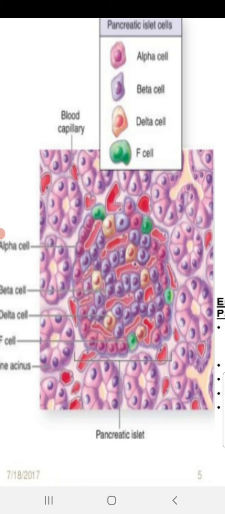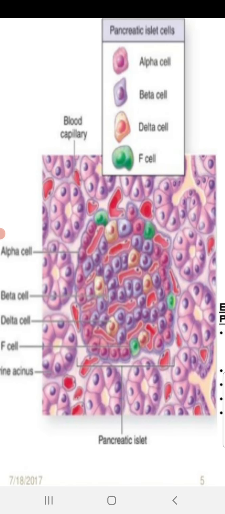they have been colored differently. So the dark red cells are alpha cells, in the peripheral region of the inner side, and purple colored cells slightly inside are beta cells, and these cells are responsible for the production of insulin.